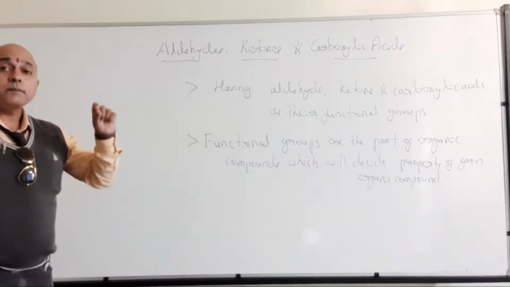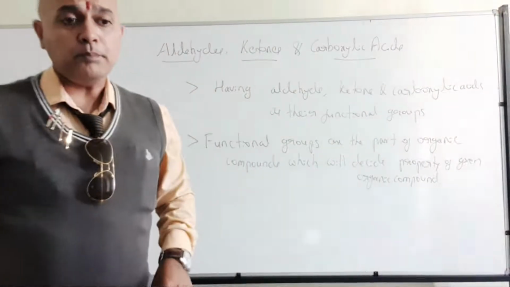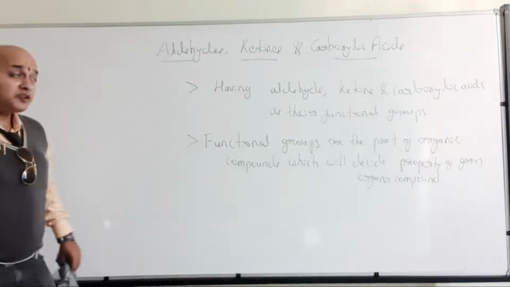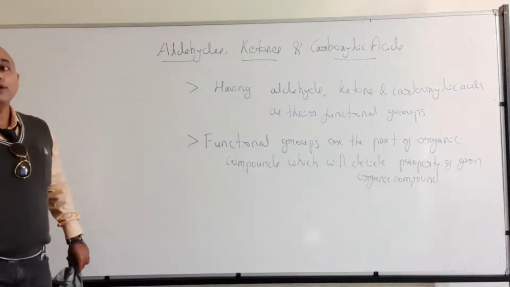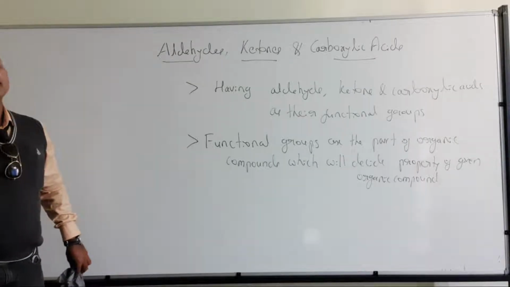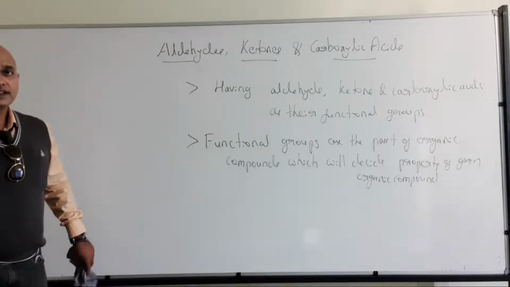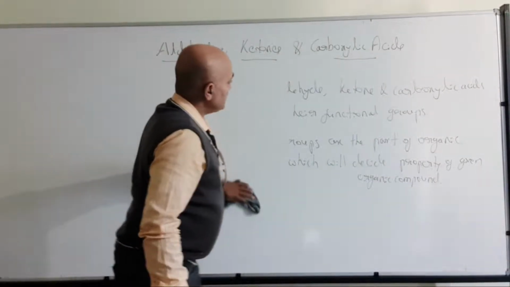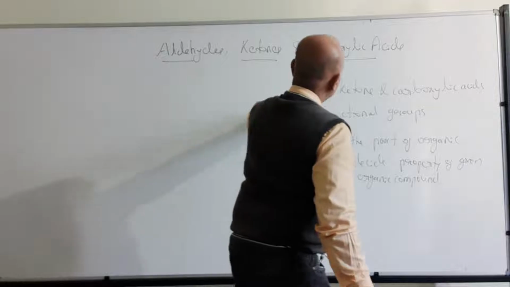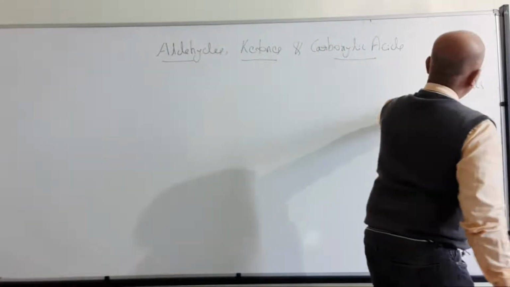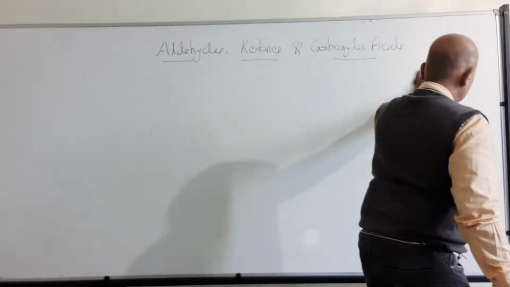They are the part of a given organic compound, not a separate entity, which will decide the property of that compound. So we have aldehydes, ketones and carboxylic acids as three major functional groups.